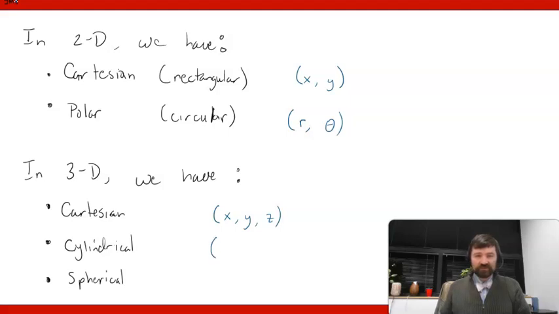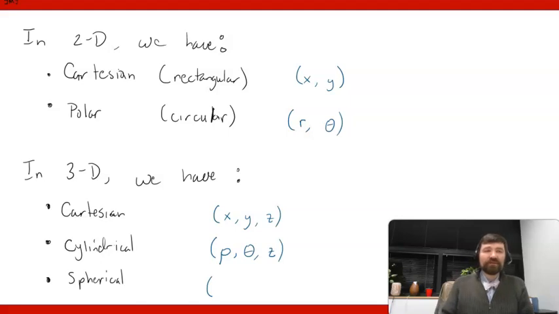Cylindrical basically becomes r of some sort. Some people use an s or a rho here, but rho, theta, z. And then in spherical, you have an r, a theta, and a phi.